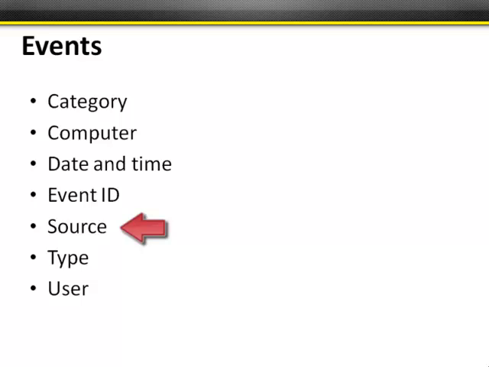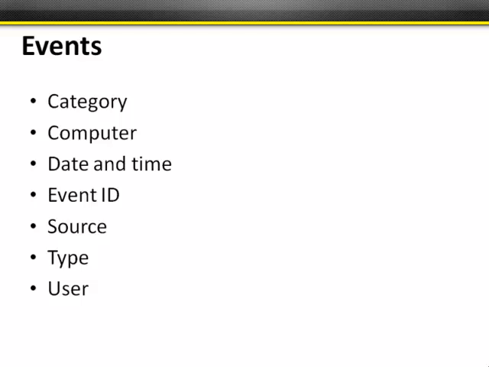Or if it's the system, it could be something just as simple as the Service Control Manager, or maybe application experience, just to name a few. Who knows? It could be kernel processor power, for example. Either way, no matter what the source is, you can also use that to help filter out the events when you're doing your online research.